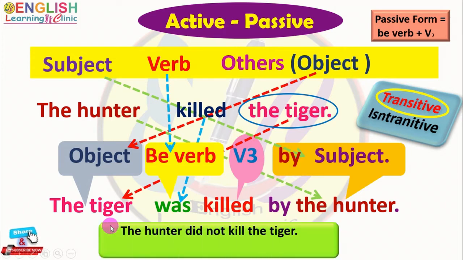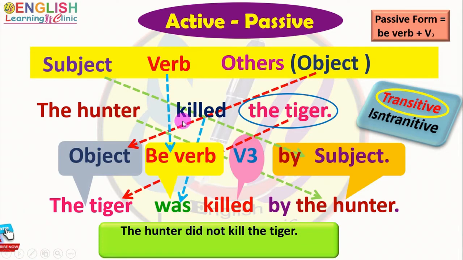Now, if the sentence is the hunter did not kill the tiger instead of the hunter killed the tiger, what will be the change in its passive form? The only difference between these two sentences, the hunter killed the tiger and the hunter did not kill the tiger, is that in this sentence the verb form is did not kill, and in this sentence the verb form is killed.